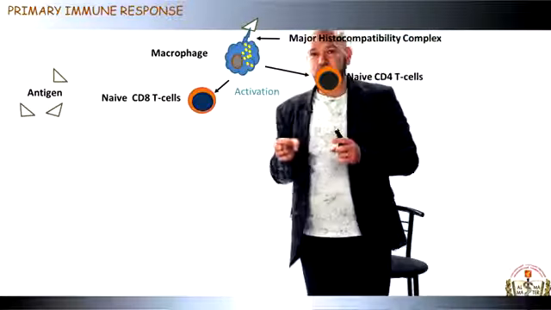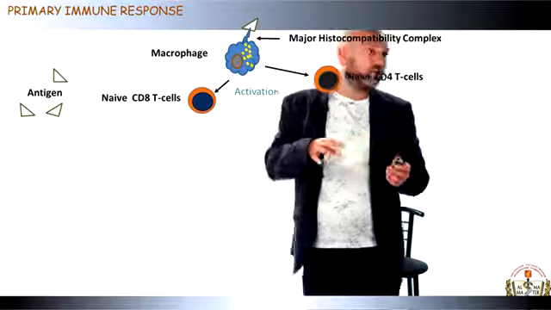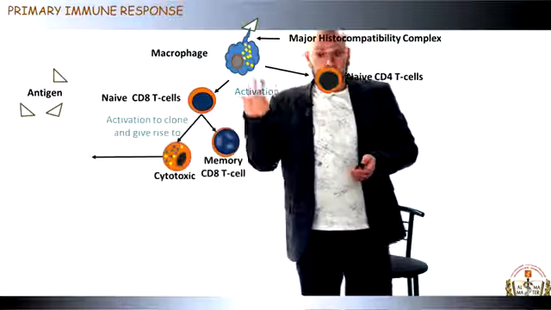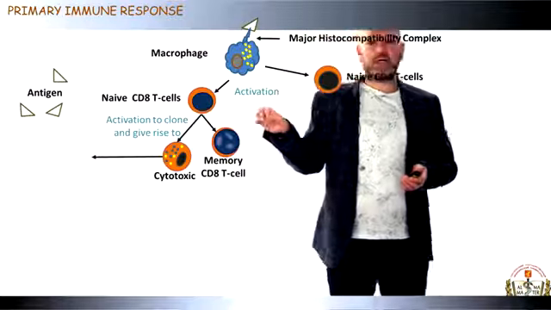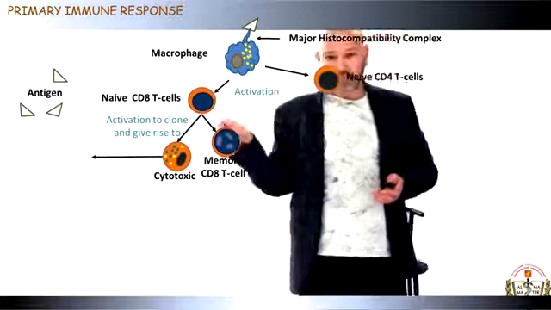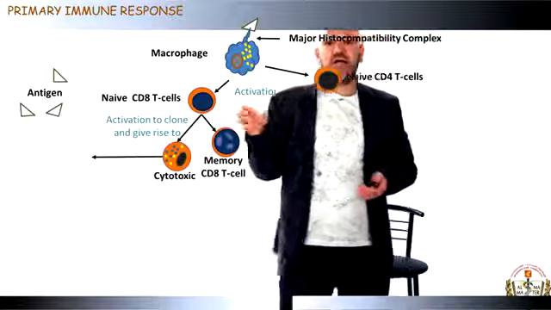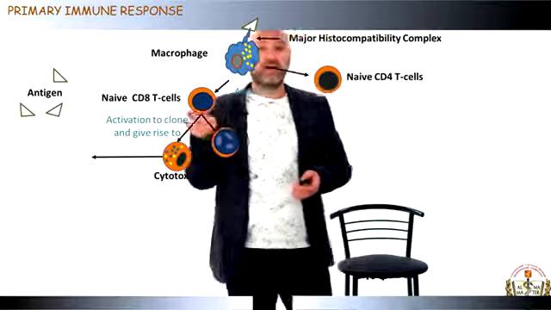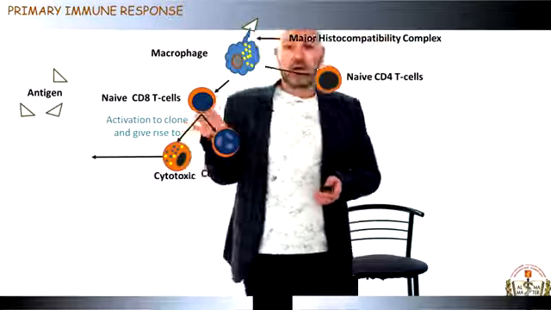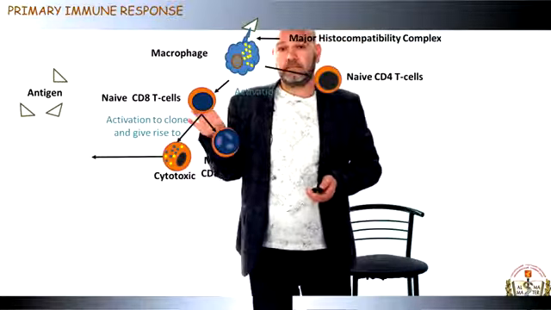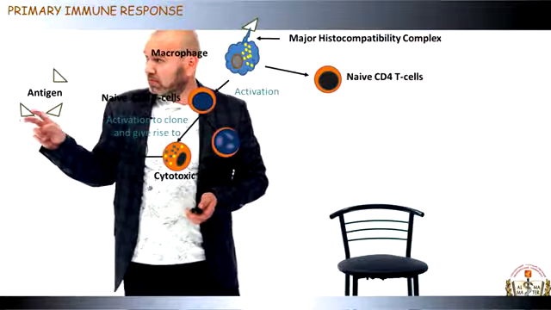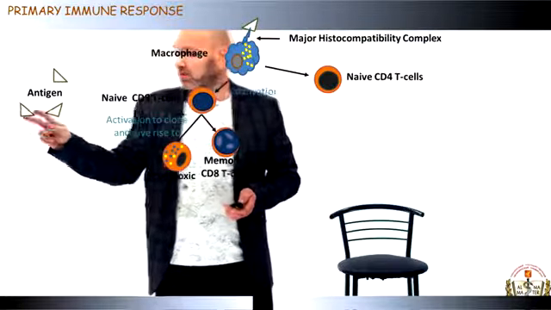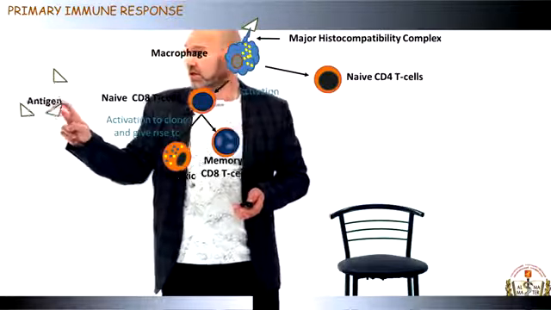CD8 T cells will be activated to clone and will give rise to cytotoxic cells and memory CD8 T cells. Cytotoxic cells will help the macrophage to destroy antigens initially. And antigens, again, some here, will be engulfed by cytotoxic T cells.